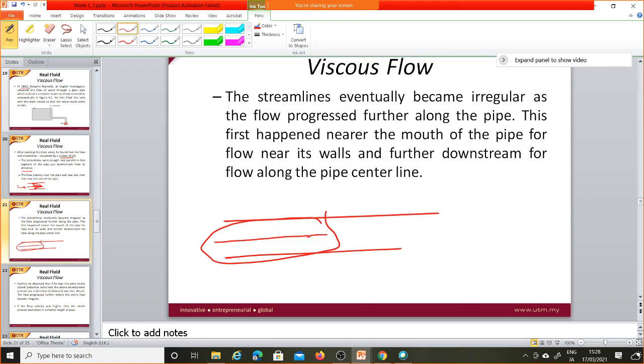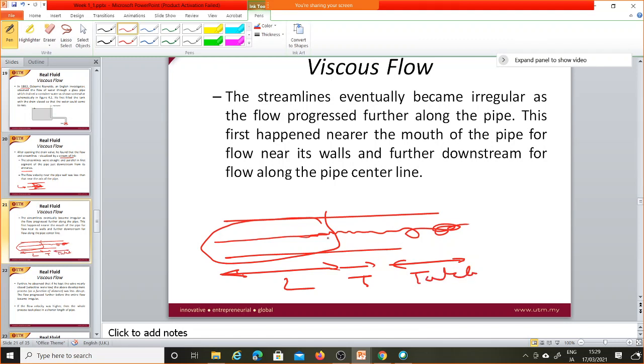Then it gradually becomes turbulent, and you have the mix up. So close to the entrance is the laminar flow, then some part will be transition flow, and after that you get the turbulent flow.